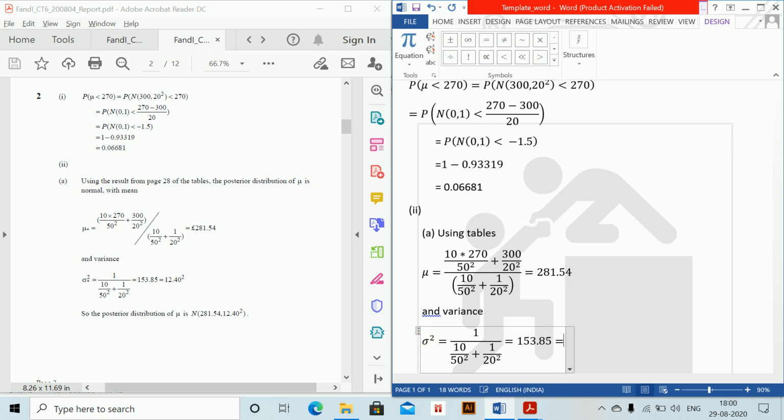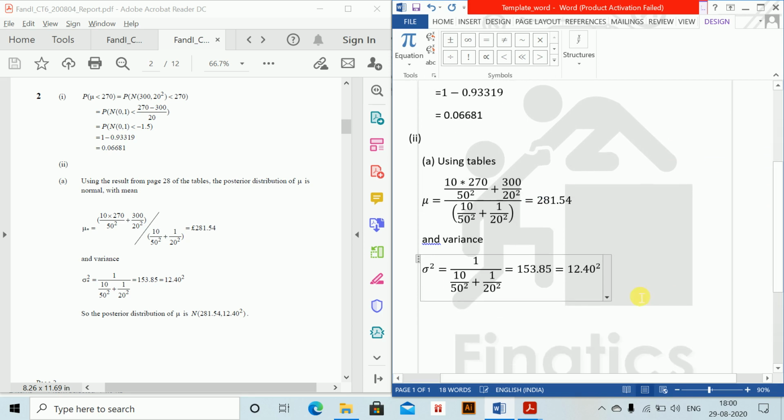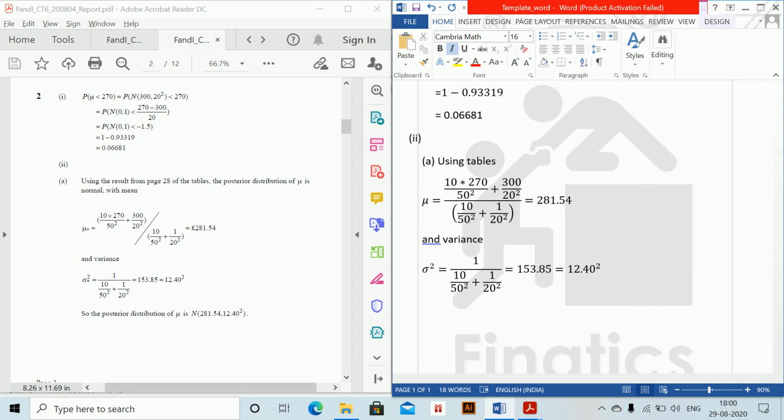Okay, so this becomes 12.40 square. Each step is there, and therefore the posterior distribution is normal(281.54, 12.40 square). This is the first sum.